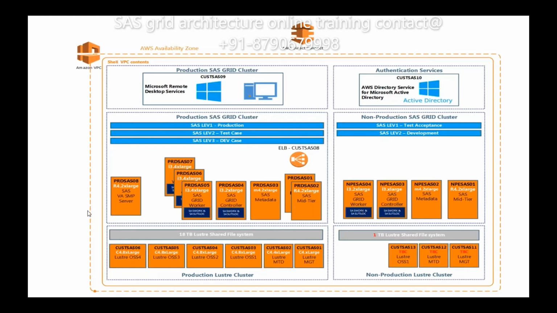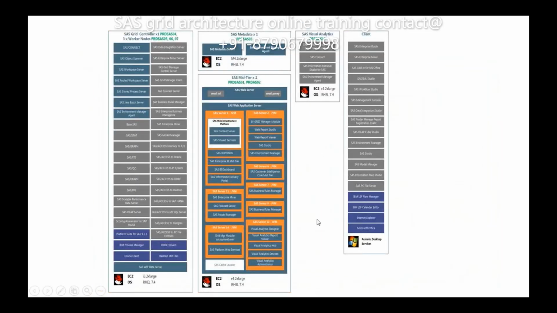Okay, so this is how all the applications are going to be installed and available. You can see what applications are installed on each server here. Sorry for the small letters. So let me start from the right side.